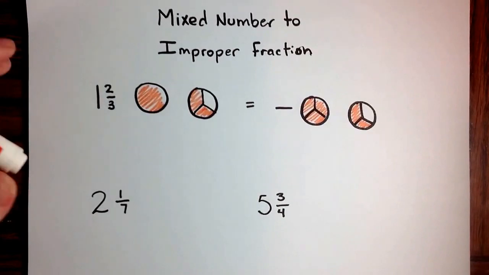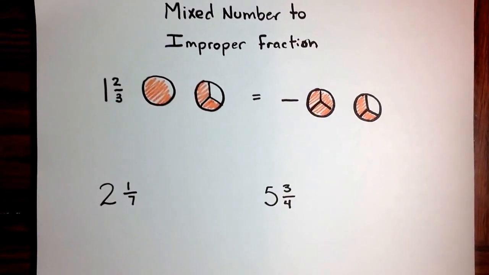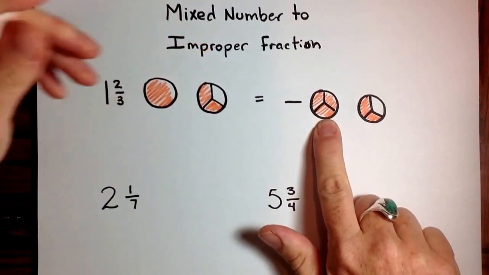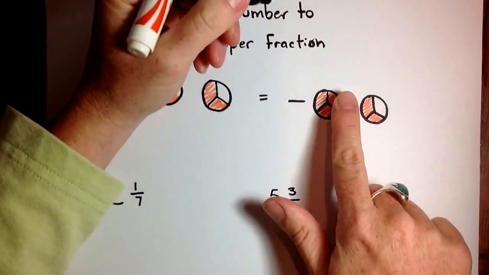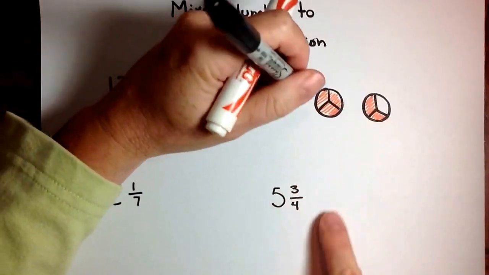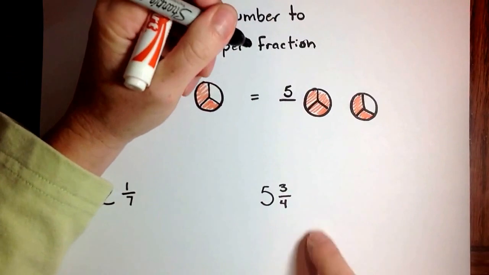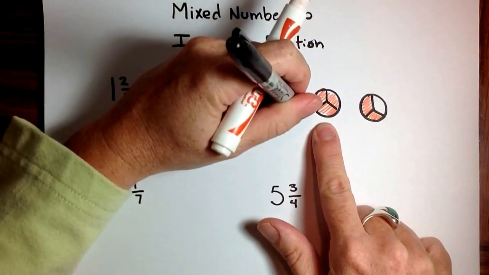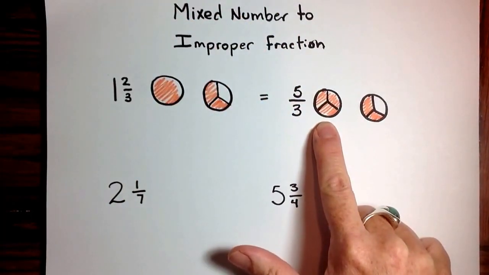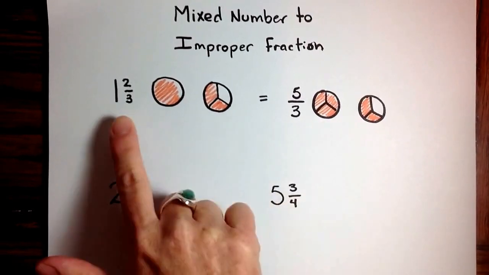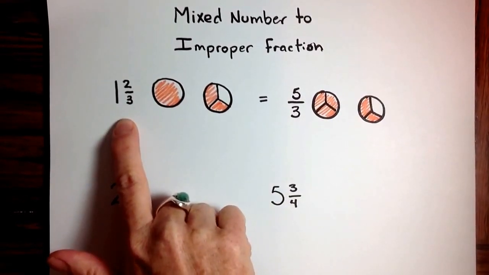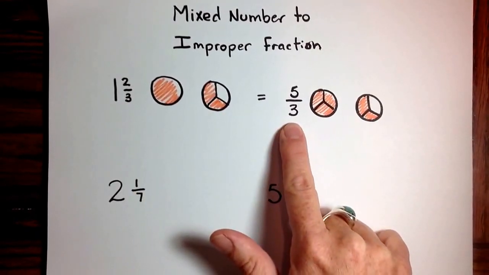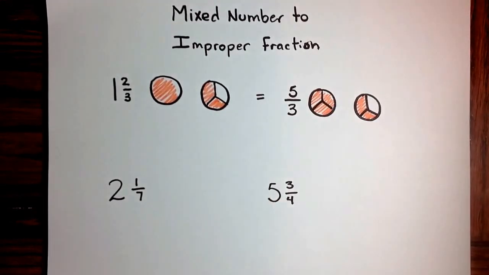And then going back to what we learned about improper fractions, this has a numerator of 5 because there are 5 pieces shaded, and it has a denominator of 3 because each of our wholes is cut into 3 parts. So 1 2/3 represents the same amount as 5/3. 1 2/3 is equivalent to 5/3.